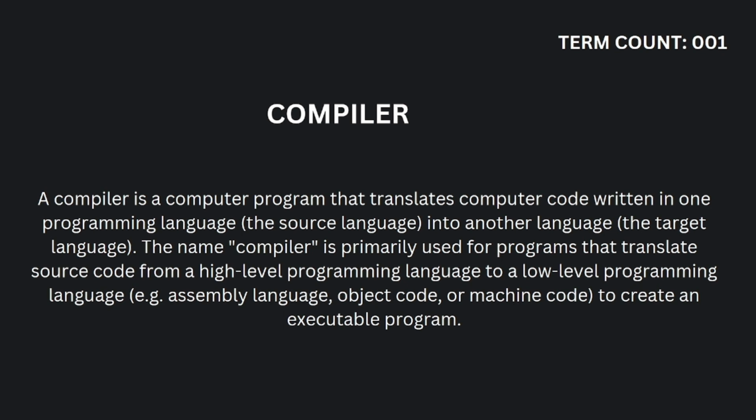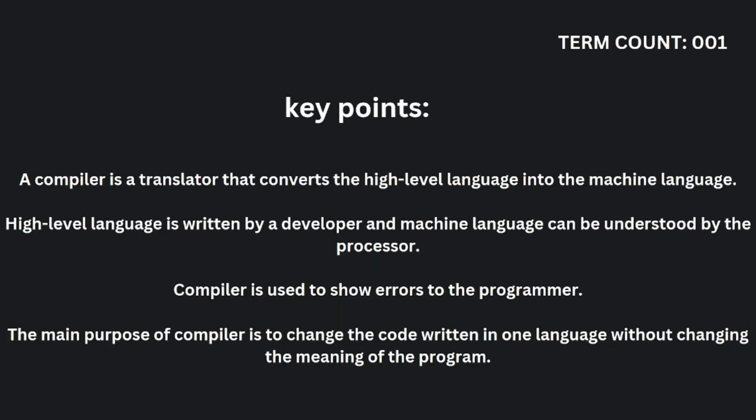Because if there was no compiler, we'd have to code our entire programs in binary, and trust me, it's nearly impossible to represent a huge chunk of code in binary by human hands. I have arranged some key points on what a compiler is. You can give it a read.